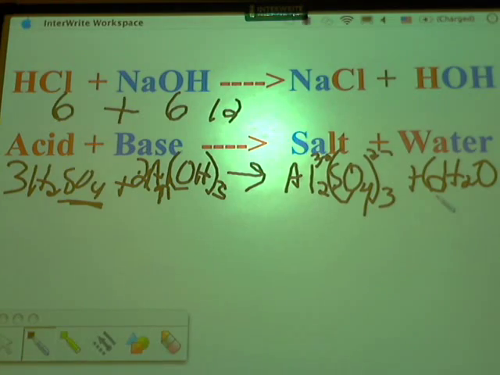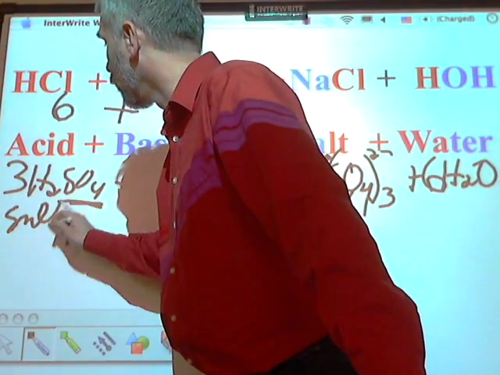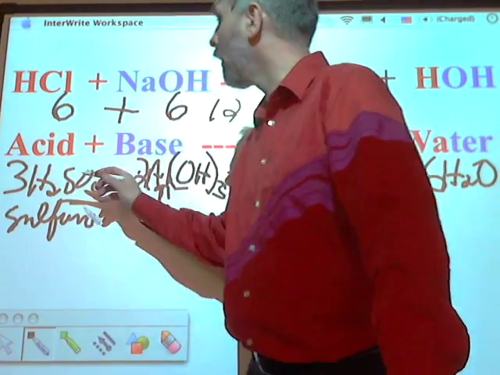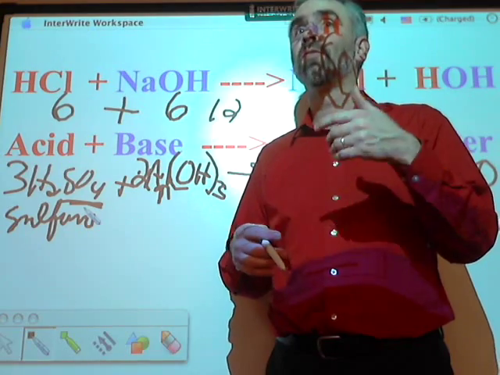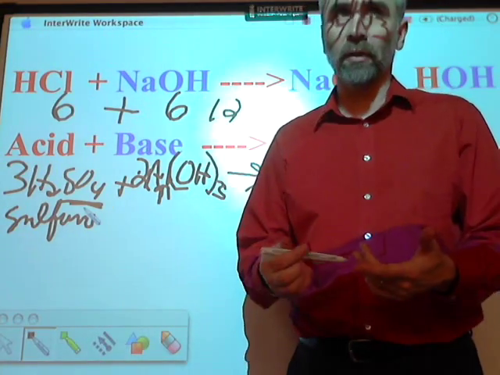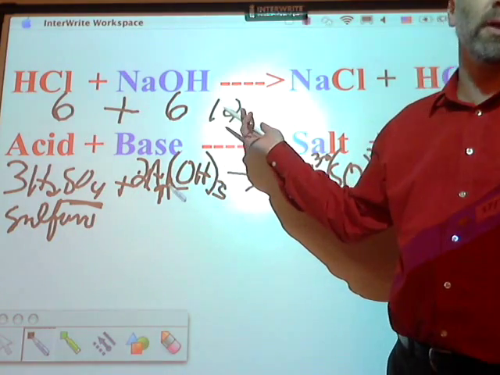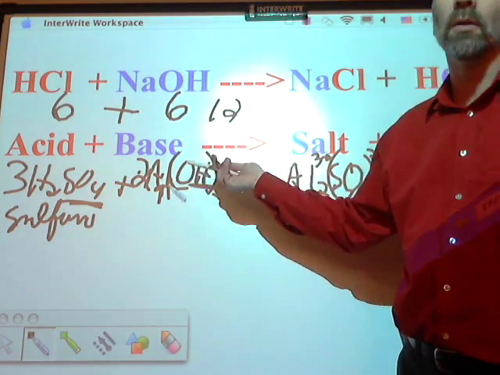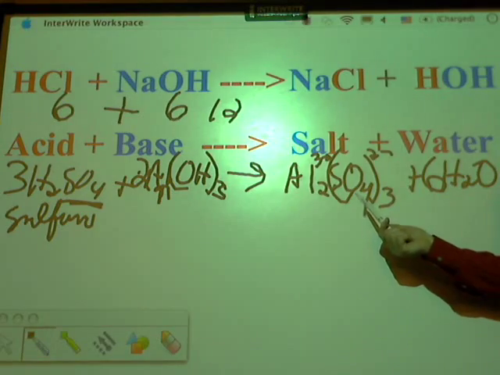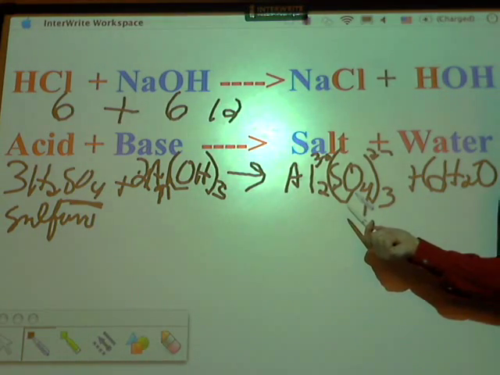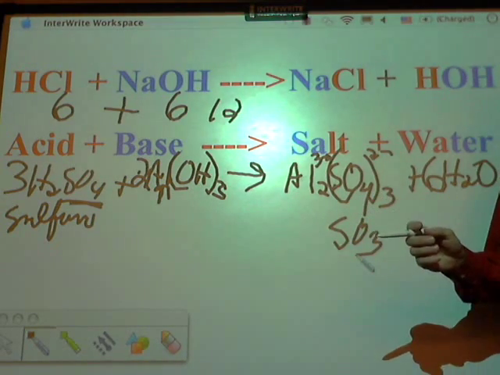Okay? So now you got to name everybody. This guy happens to be called sulfuric acid. But what if it was H2SO3? What would it be called? Sulfurous acid. This guy's called what? Al(OH)3 should be easy. Aluminum hydroxide. What's this guy called? Aluminum sulfate, not sulfide. And if it was SO3, it would be sulfite.